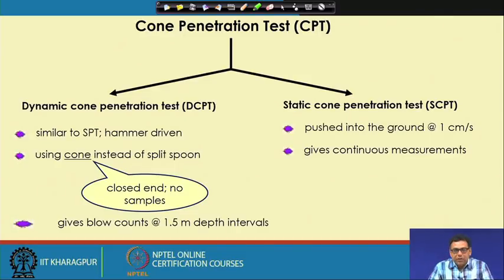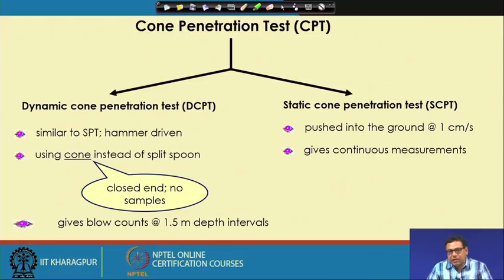The difference between these two is that the dynamic cone penetration test is similar to the SPT. That means we have to apply hammer blows to drive the cone, whereas in the static cone penetration test, we do not apply any hammer blow.